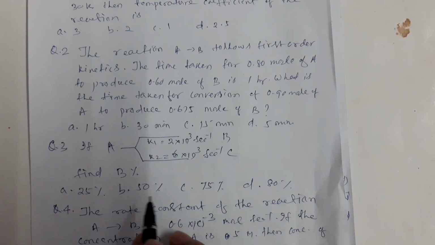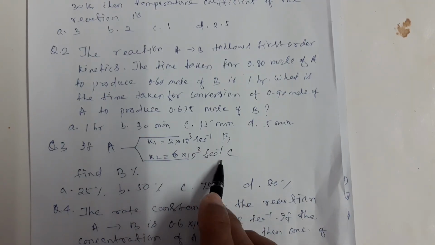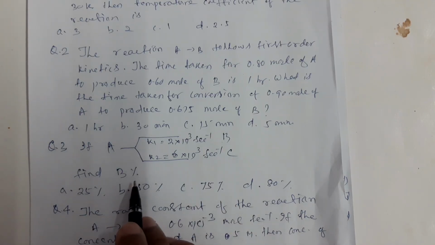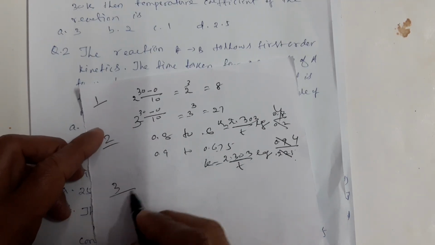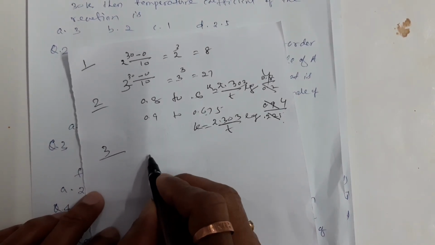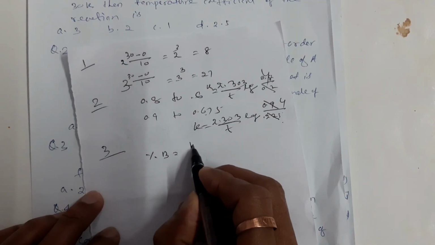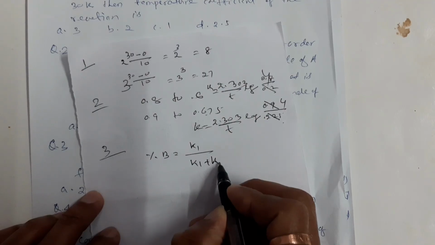Next, A is giving the product B with K1 given this much, K2 given this much, and product C you are getting. So find the percentage of B. Question number 3. How to calculate the percentage of B? You take K1 by K1 plus K2.